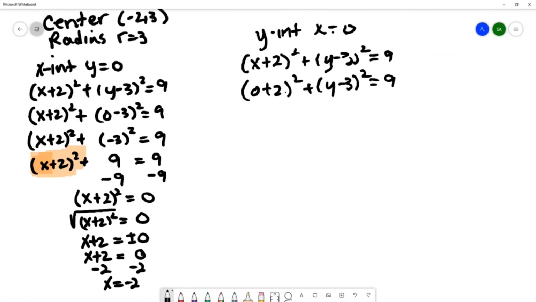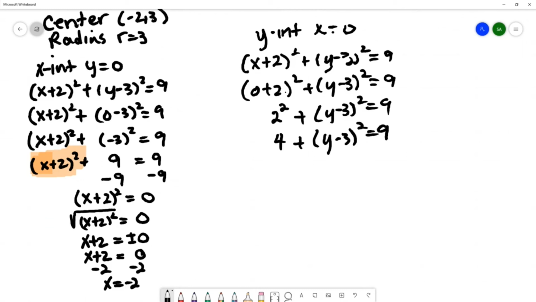So we have 0 plus 2 is 2, and then we want to square it. 2 squared is 4. And I'm going to use that same method for solving this equation. I'm going to isolate the square and everything the square is attached to. So I'll subtract 4 on both sides to isolate that square. Y minus 3 squared equals 5.